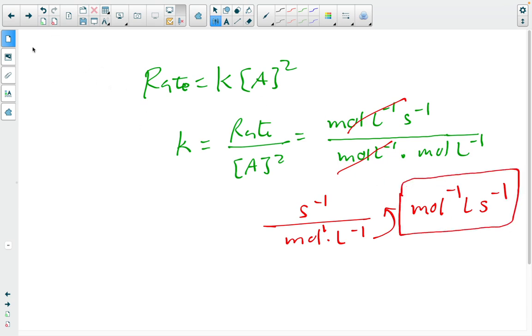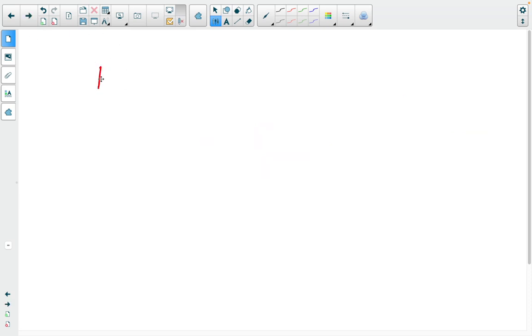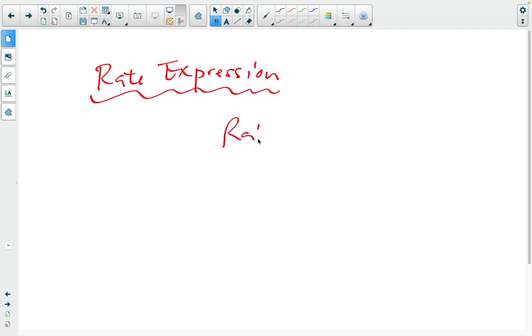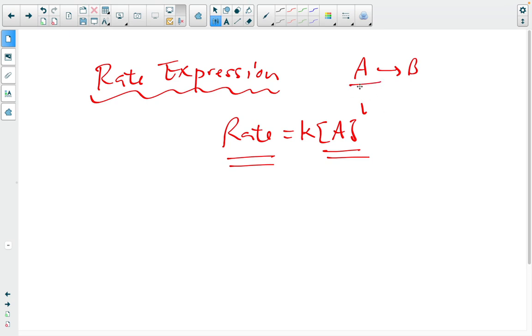So again, a quick summary of what we learned is we talked about the rate expression. So you should know that the rate expression now is just a mathematical expression that quantifies the relationship between a change in the concentration of a reactant and its impact on the rate. In my example here, I'm only showing one reactant. Remember that rate expressions are only written for reactants.